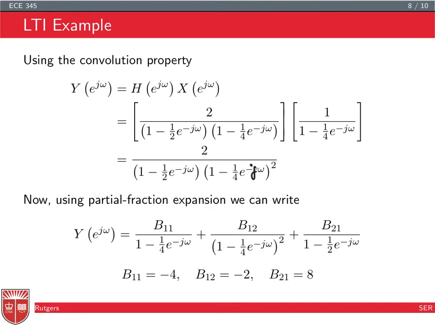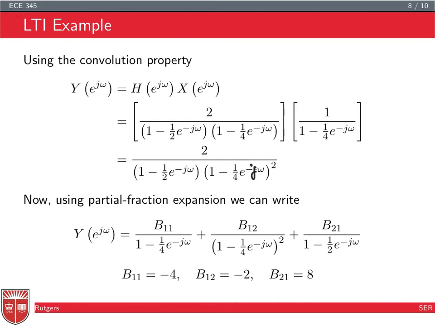Now, using partial fraction expansion, you need one term that has 1 minus 1/4 e^{-jω}, and one term that has 1 minus 1/2 e^{-jω}, which is here. But since 1/4 is a pole with multiplicity 2, we also have to add one term with (1 minus 1/4 e^{-jω}) squared, and this is how we do the partial fraction expansion.